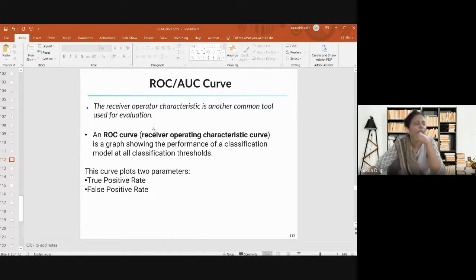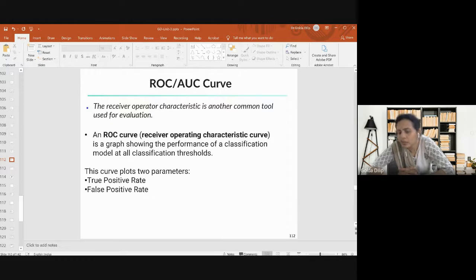It is a graph which shows the performance of the classification model at various classification thresholds. This ROC curve plots two parameters: one is called the true positive rate, and the second is called the false positive rate.